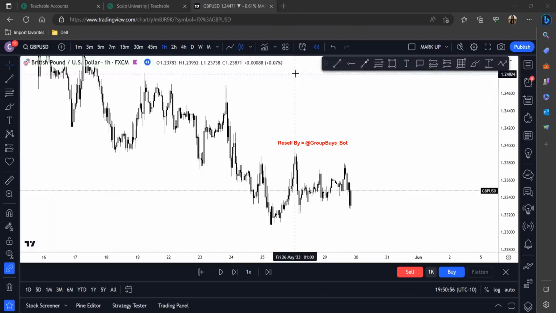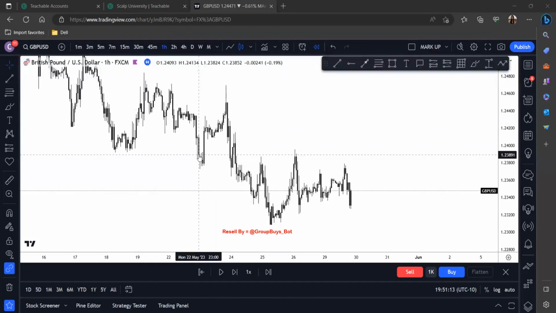The only time that I will quickly glance at the daily time frame, maybe the weekly, is if price had a massive push to the upside or a massive push to the downside, and there's not much price action to go based off of on the 1 hour or the 4 hour time frame.